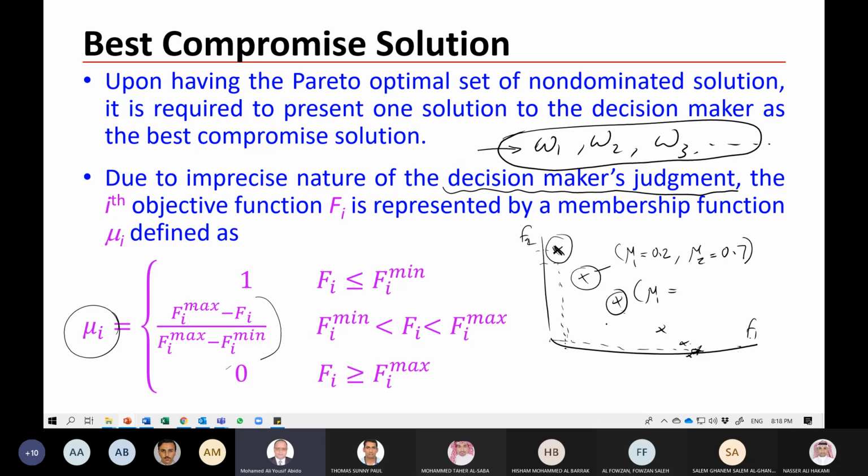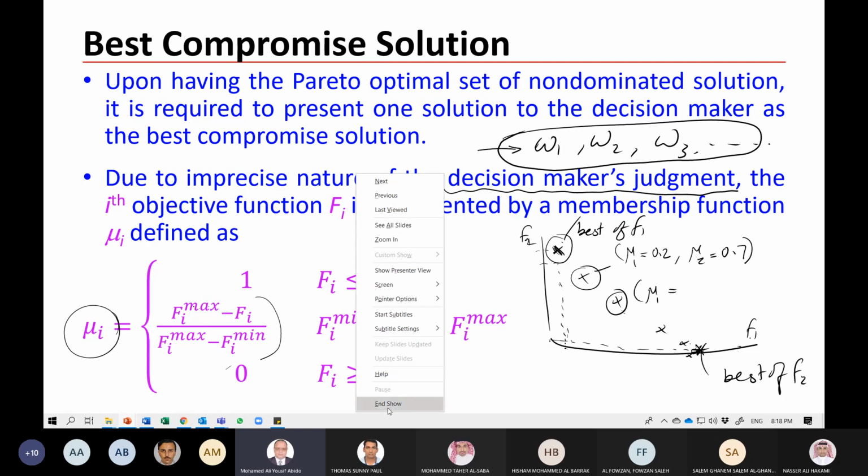And this is the best for F2, the minimum value of F2. Am I right? Yes.